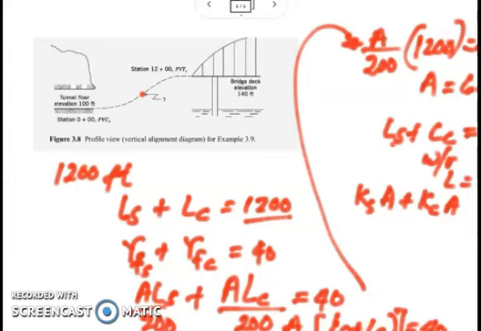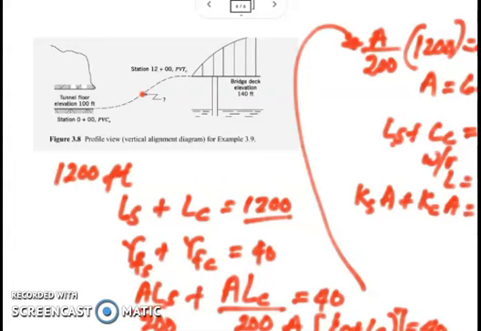We simply denote A sub S and A sub C as A, because a while ago we identified that A sub S is equal to A sub C, which can be written as our A. This is 1200.